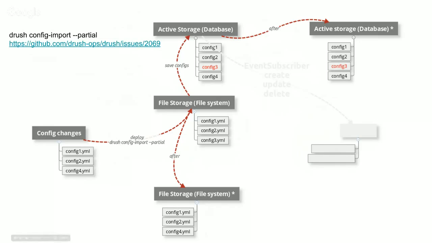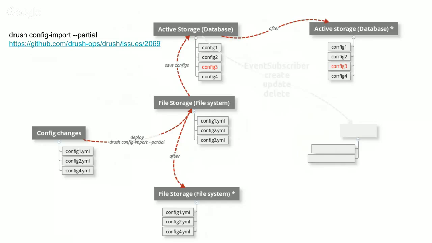The Drush team provided us with a partial config importer workaround. How does it work? You can't delete configs from the database; you can only create or update.